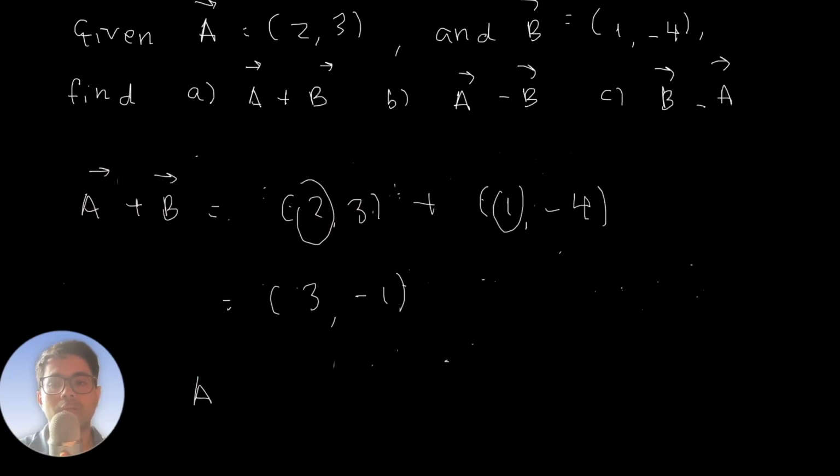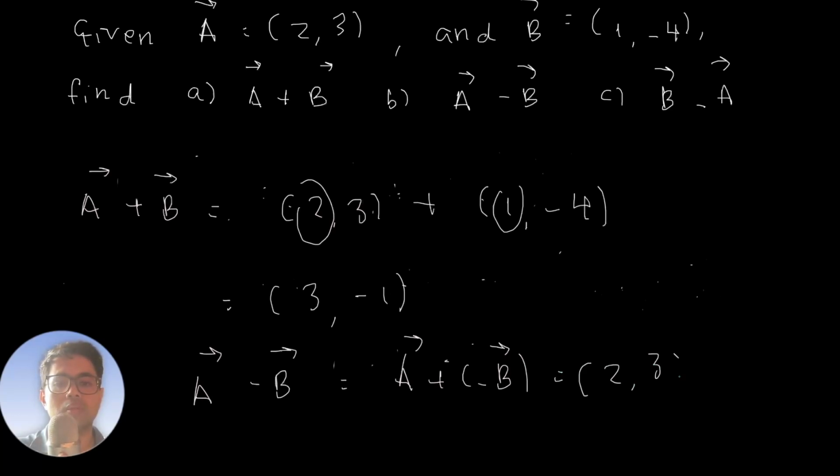Similarly, A minus B is equal to A plus minus B, and this is equal to 2, 3 plus negative 1 and 4.